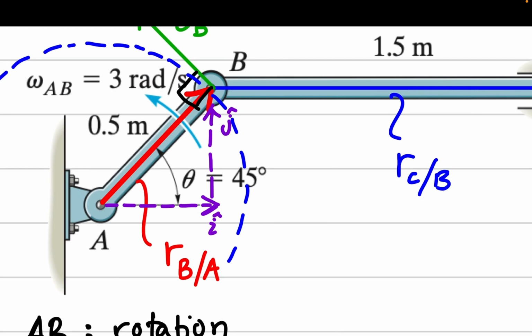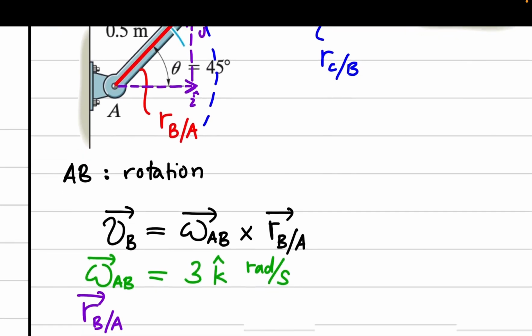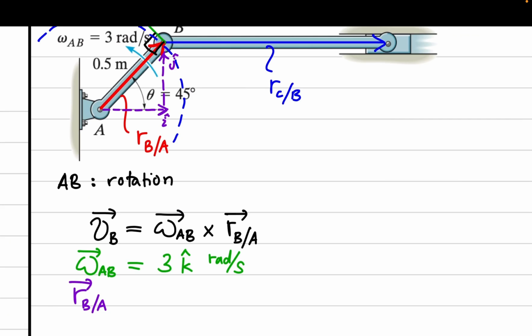We have the angle of 45 degrees. We know the distance of AB, which is given here as 0.5 meters, so we can use that. So we write here, the i component is positive, so 0.5 cos 45 degrees i, and also plus the Y component is also positive, which will give you 0.5 sine 45 degrees j.